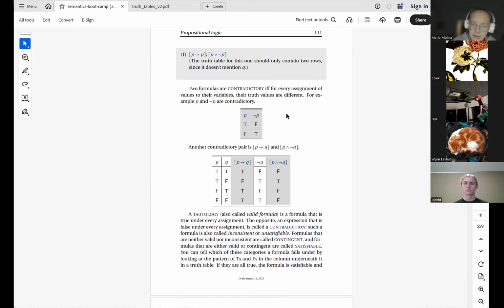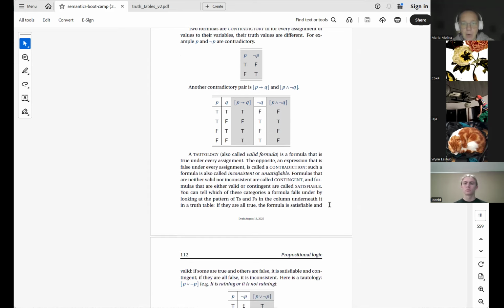For each P that is true, not P would be false. For each P that is false, not P would be true. Another contradictory pair is P to Q and P and not Q.